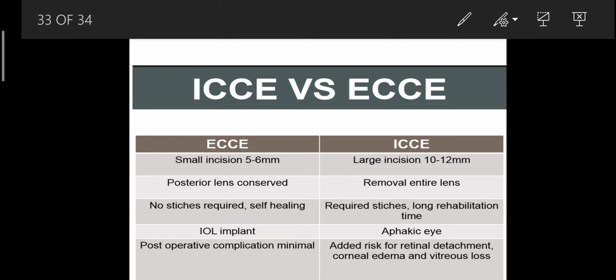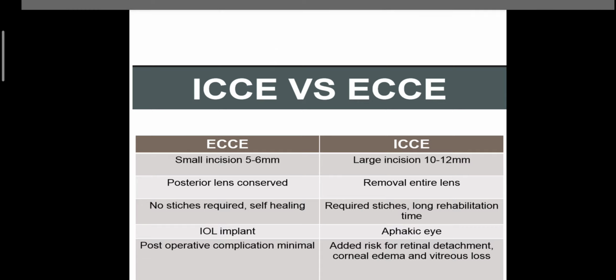And post-operative complications in ECCE are comparatively minimal when compared to ICCE, because in ICCE there is more vitreous prolapse since we are removing the posterior capsule, so the vitreous will come into the anterior chamber. There is more chance of retinal detachment, corneal edema, and vitreous loss in ICCE. Thank you.